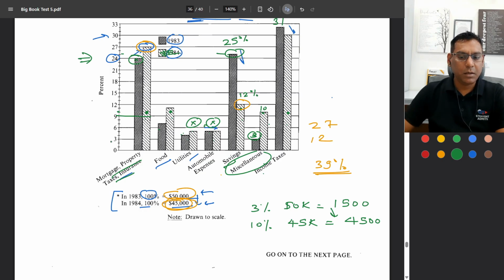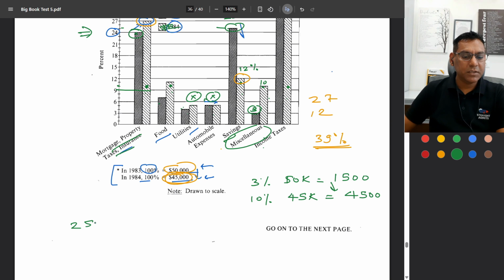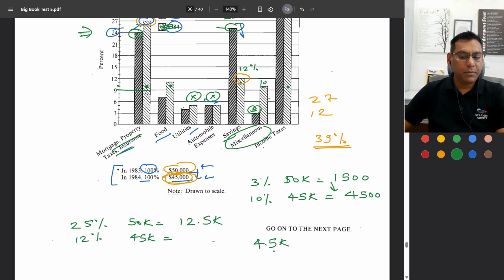Okay, is that correct? Right. Again, 25% of 50,000 is equal to 12.5k, right? And 12% of 45,000 is equal to, again we'll have to do this calculation now. So 10% is going to be 4.5k, divide that by 5, so that's going to be 0.9. So this is 2%, this is going to be 5.4 thousand.